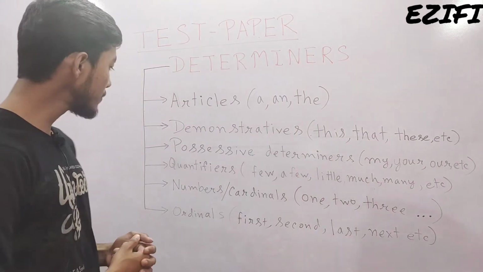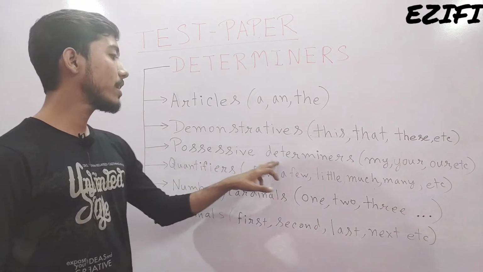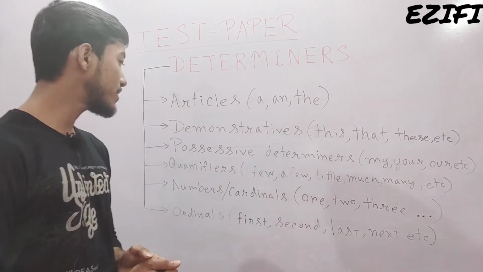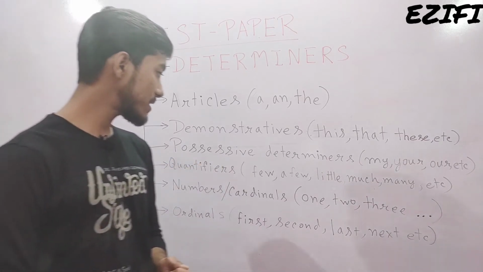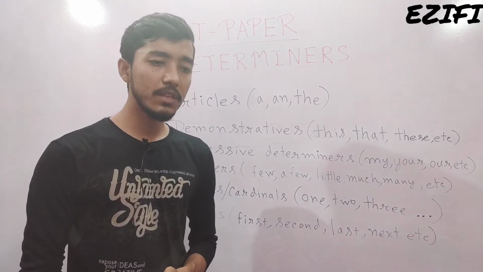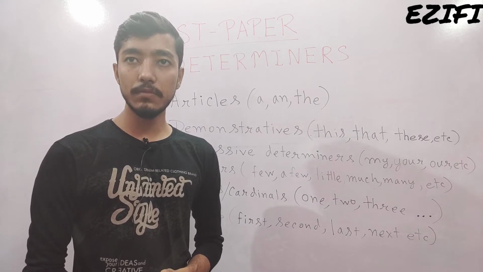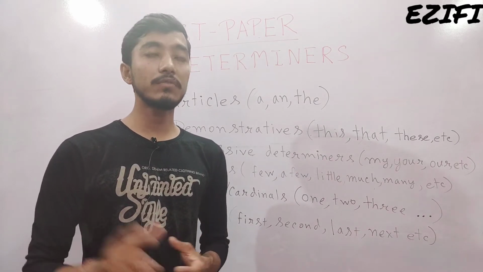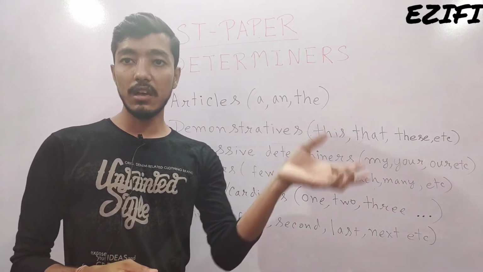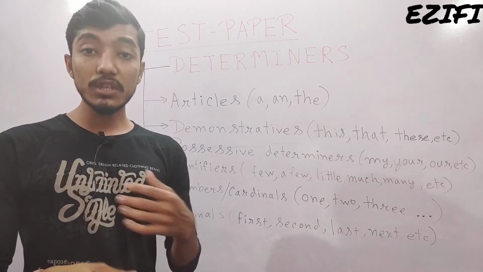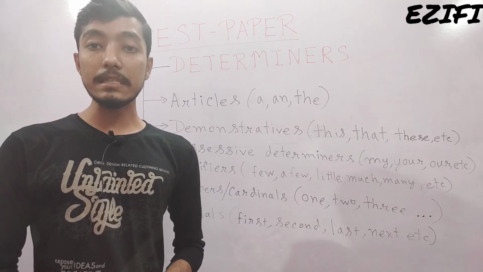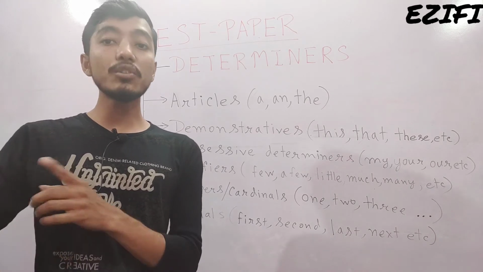All right. Next, possessive determiners. As the word itself suggests, possessive means this is his, this is her. These sort of words are possessive, the words which make us understand that this belongs to that person.